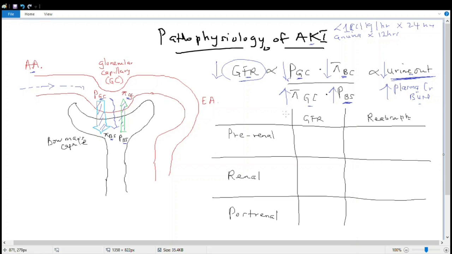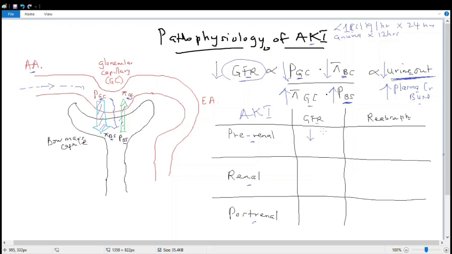If we want to expatiate, we can divide AKI, based on mechanism or causes, into prerenal, renal, and postrenal AKI. Prerenal AKI are things that all have decreased GFR. So GFR in prerenal is going to be decreased.